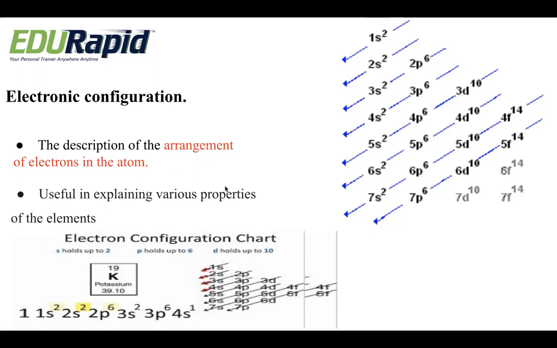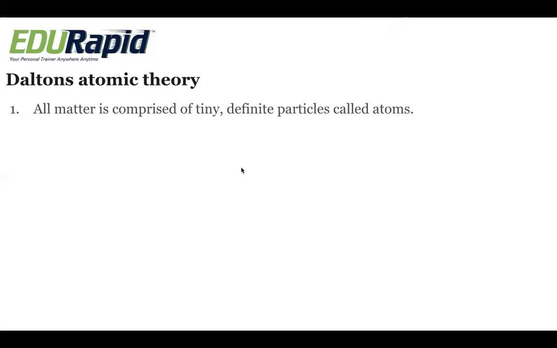We'll move on to the next important topic. In the field of chemistry, research was going on to study the atom, because whatever is present in nature is made up of atoms, as I told you. So what is the structure of this atom?